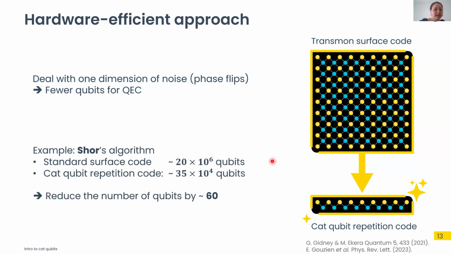And just to give orders of magnitude, for example, for the Shor's algorithm, you can find this information in this paper from people working at Alice and Bob, where if you use the standard surface code, then you need 20 million qubits to factorize the RSA integers. But for a cat qubit, for doing exactly the same operation, then you would need much less qubits. So you reduce the number of qubits by 60, which is huge if you're thinking about hardware efficient approaches.